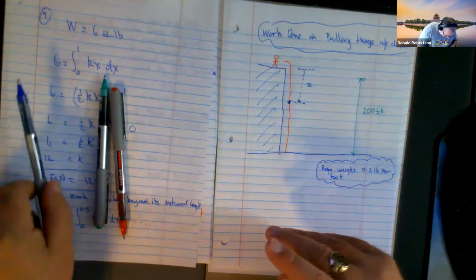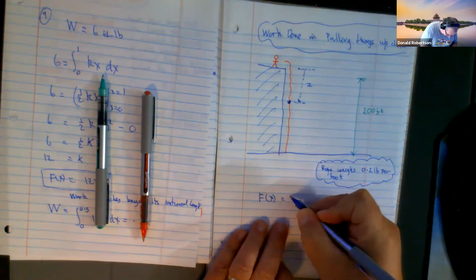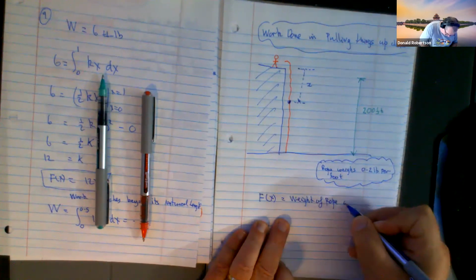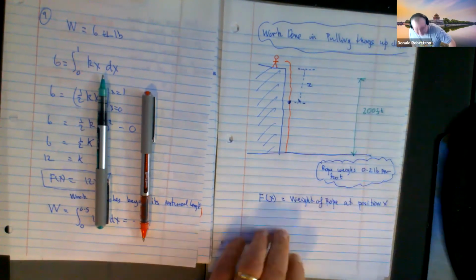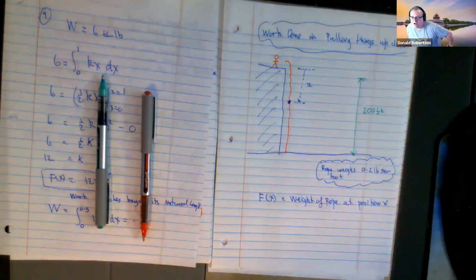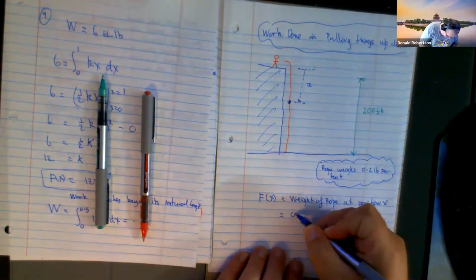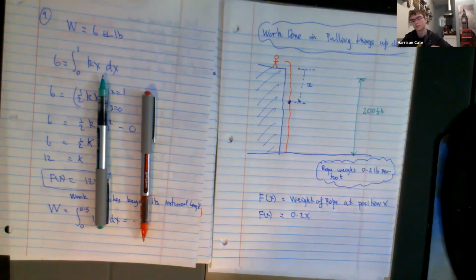So we are going to figure out what the weight of the rope is at position X. If that's X feet, how much does the rope weigh if you've got X feet of rope? It weighs 0.2x pounds. Agreed, 0.2x.